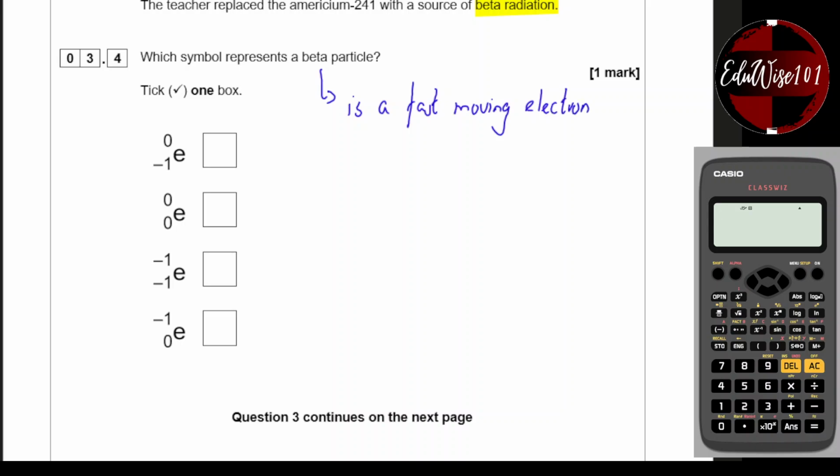Hence, you've got e to show electron. The mass of the electron is 0, so the top number has to be 0. It has to be one of the first two boxes. The charge of an electron is -1, so the proton number has to be negative. So it is the first box.